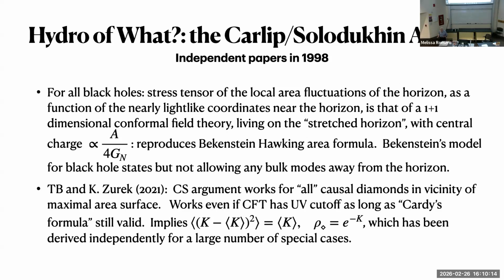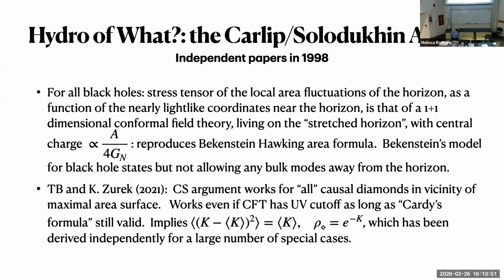The difference is, for black holes, the area along the horizon doesn't change as you go along the null surface of the causal diamond. For general causal diamonds, of course, it does change, and there's a maximum. The derivation that these guys gave always works at the maximum. And so the only thing they missed was, for a general causal diamond, you have to be working at the maximum.